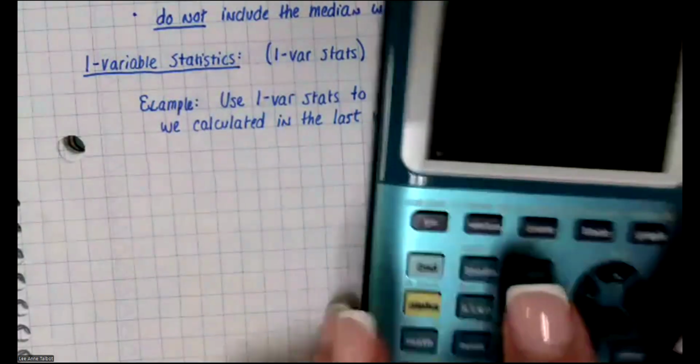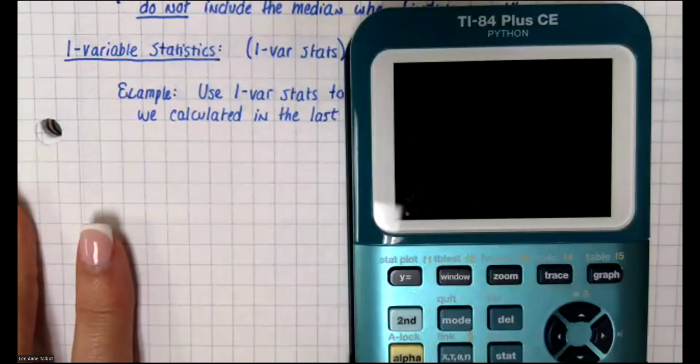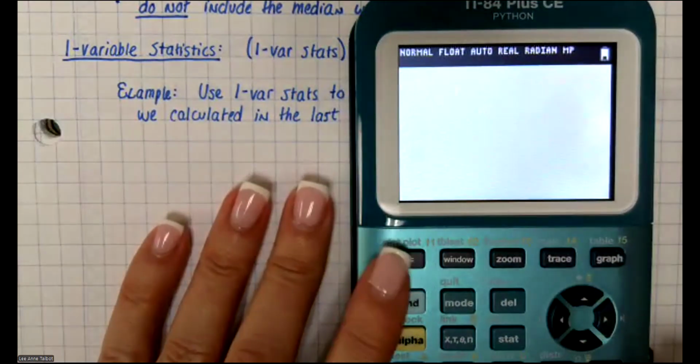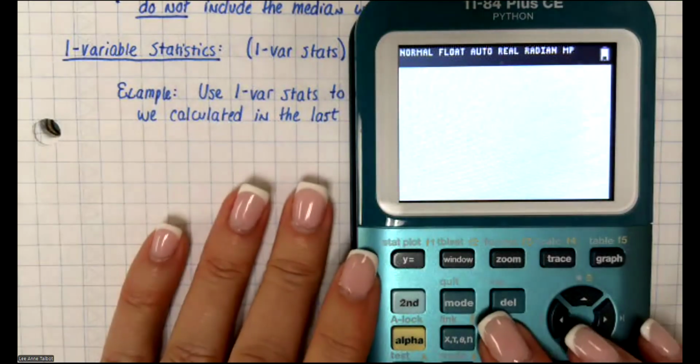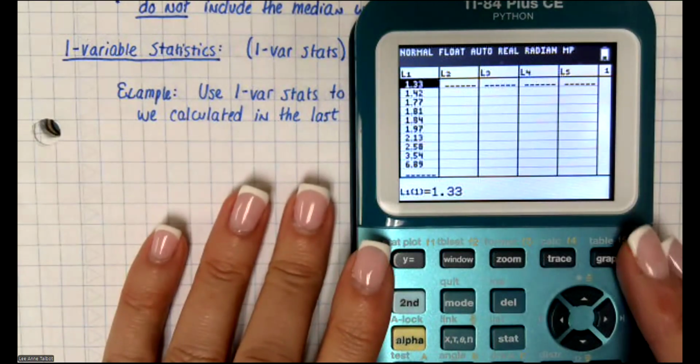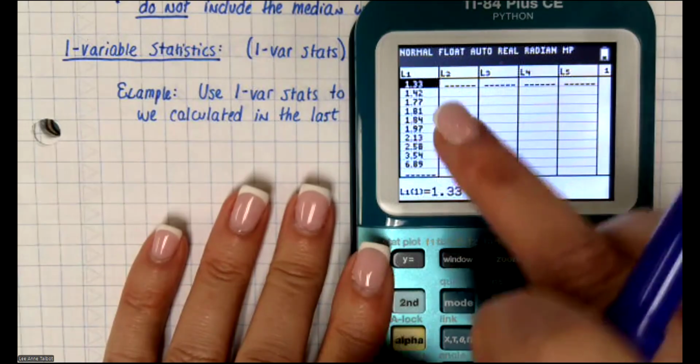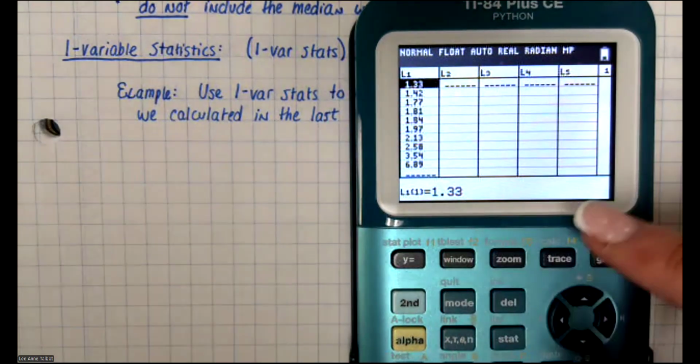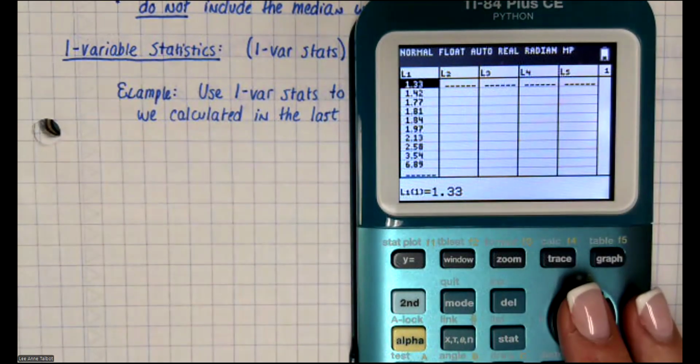Okay, so the first thing we're going to do is go to Stat, Enter, and I already have all of my values in here for the data set that I want to use.